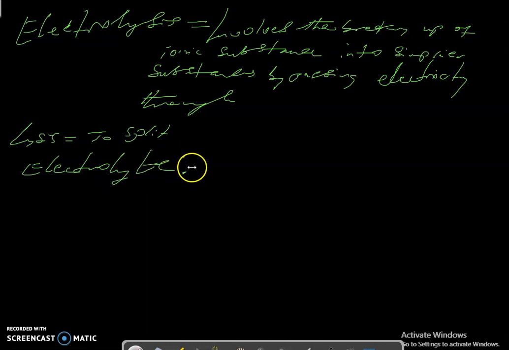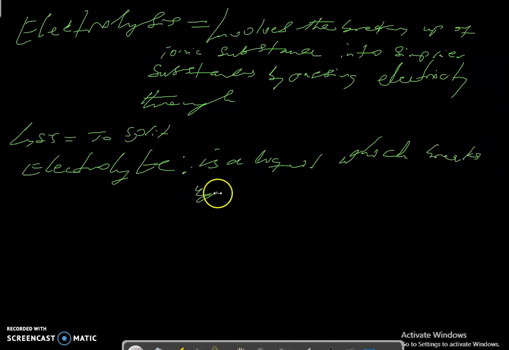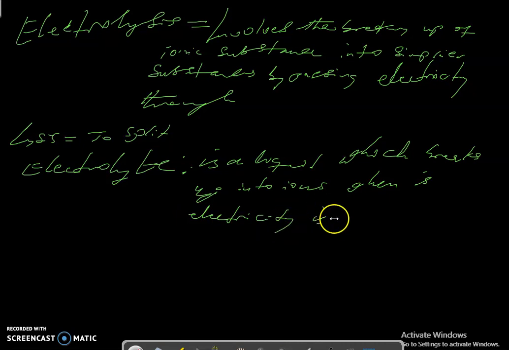Now, electrolyte, we say, is a liquid which breaks up into ions when electricity is passed through it.